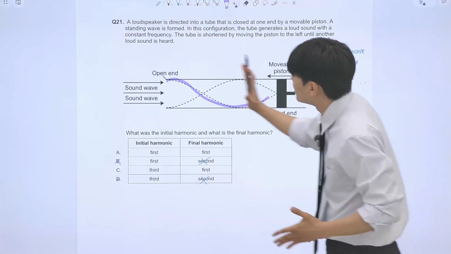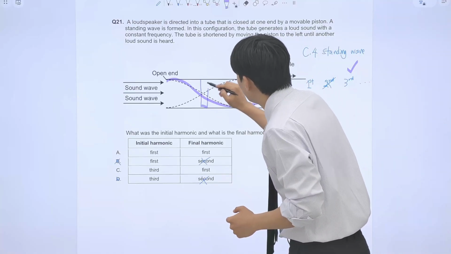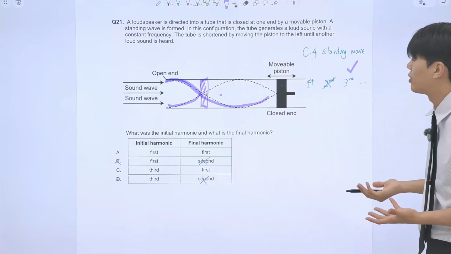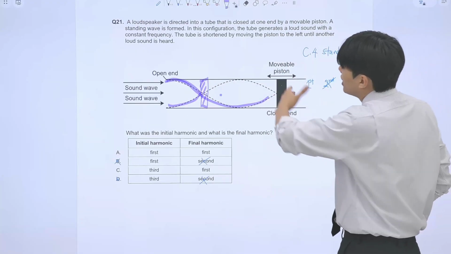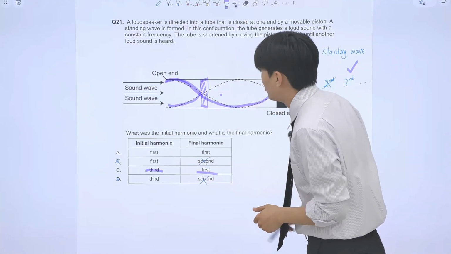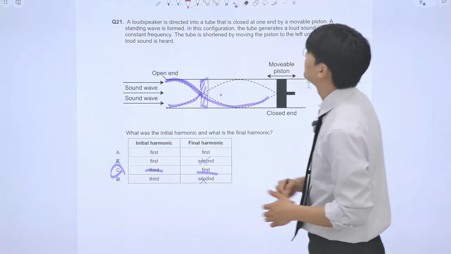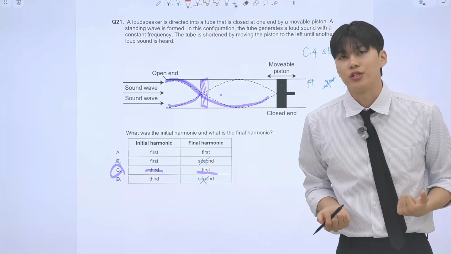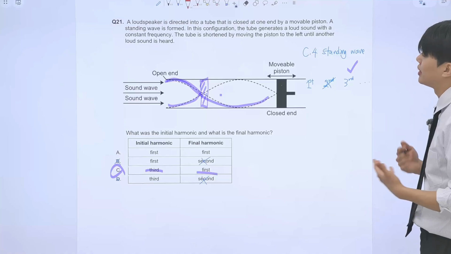And then when you shorten it, maybe to this point here, then you have only that part here, and that's the first harmonic. So firstly they have the third harmonic, and then if you move, that is the first harmonic, which means third harmonic and first harmonic, that is C. So this question is easy when you know it, but when you don't know, it's a pretty naughty one.